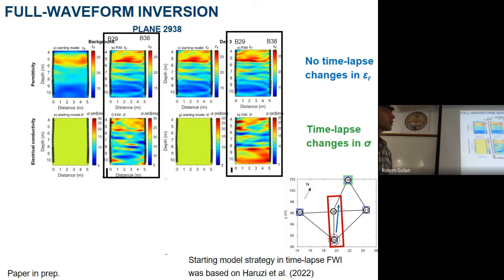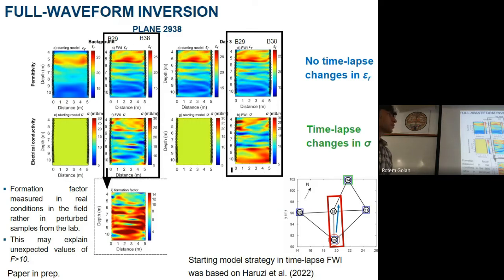We can see that the permittivity results of the time-lapse and the background are very, very similar. Well, we don't really expect changes, and that proves it. And about the conductivity, we can see an increase in electrical conductivity. We see much of it at the bottom, also at some other places here. And that is what we expect because the salt water increased the electrical conductivity.